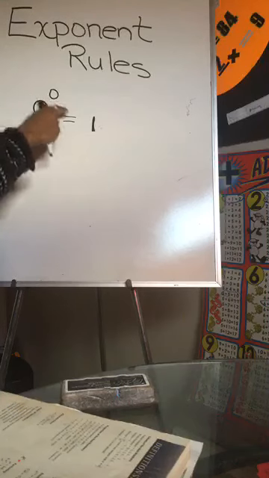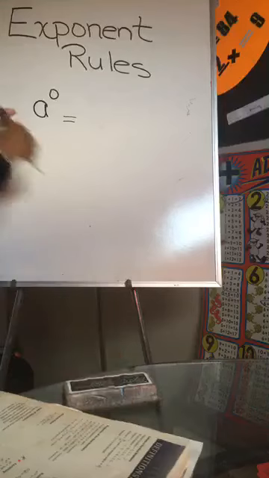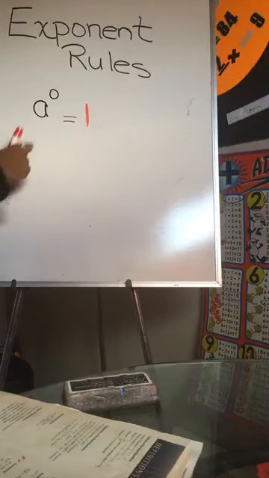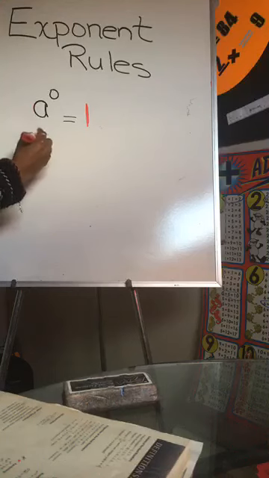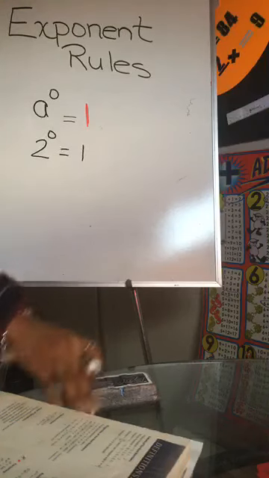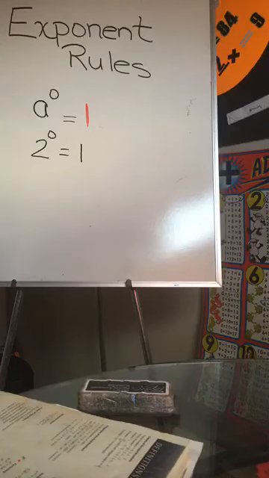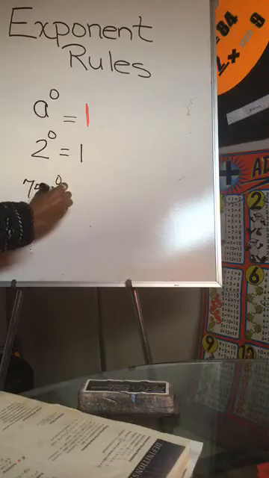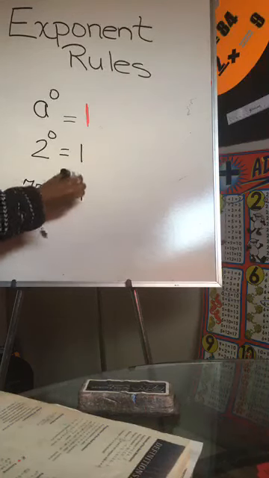A raised to the zero power is equal to 1. Let's do an example so we can see it with a number. If I have 2 raised to the zero power, it is also equal to 1. If I have 757 raised to the zero power, it also is equal to 1.